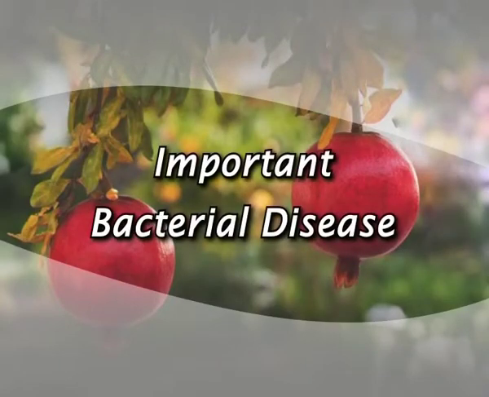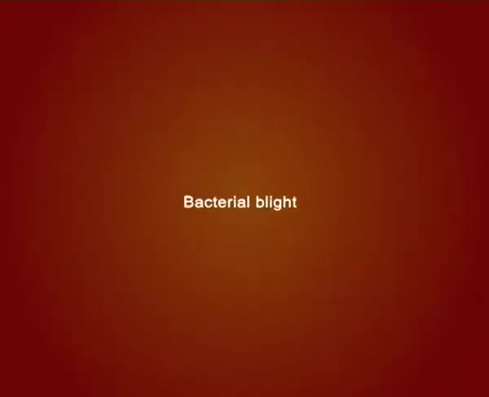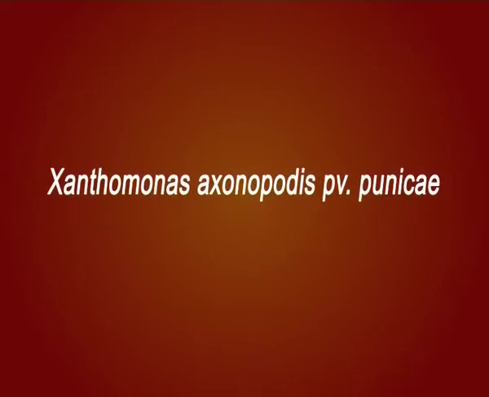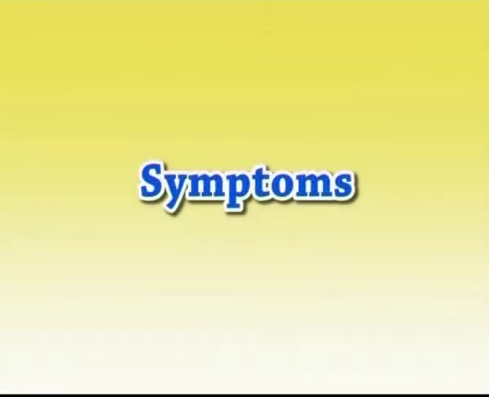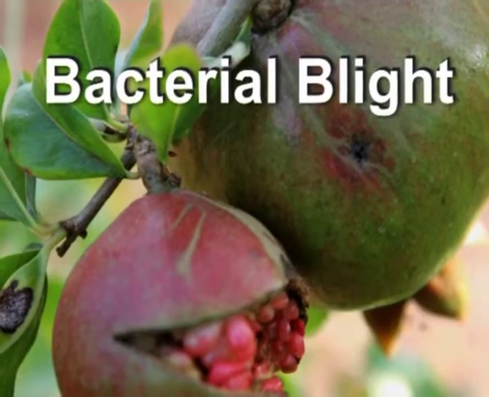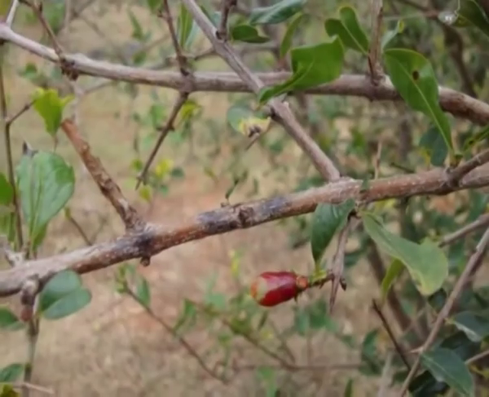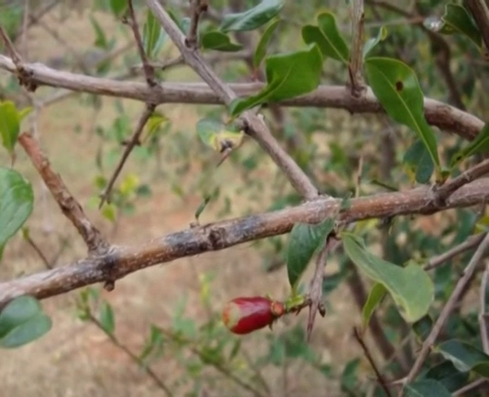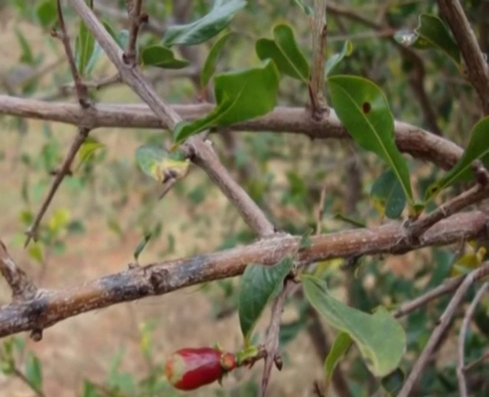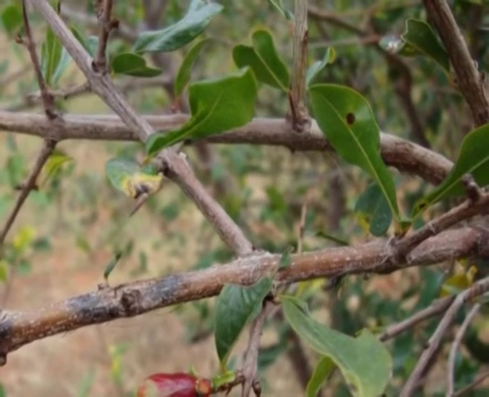Important bacterial disease of pomegranate. Bacterial blight. It is caused by Xanthomonas axonopodis pathovar punicae. Now let's see the symptoms of the disease. One to several small water-soaked, dark colored, irregular spots appear on the leaves, resulting in premature defoliation under severe cases.